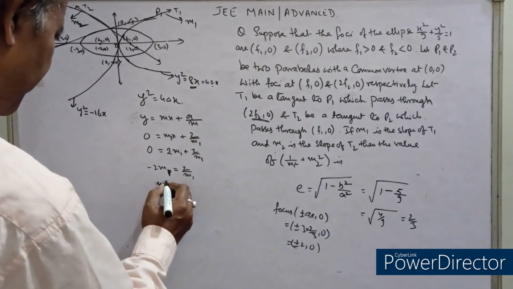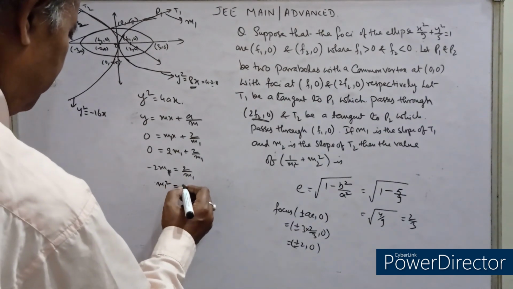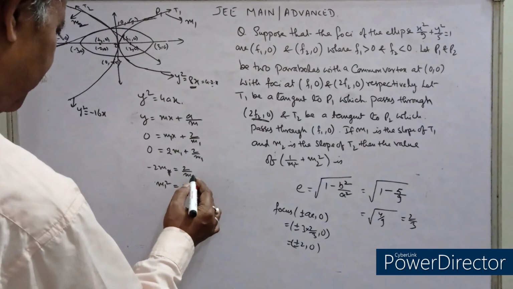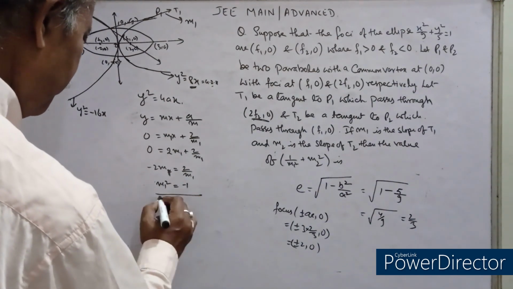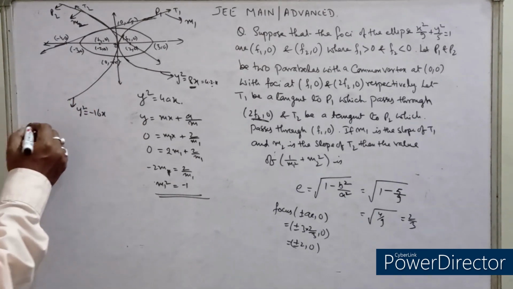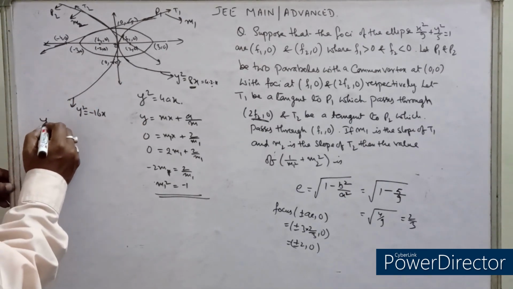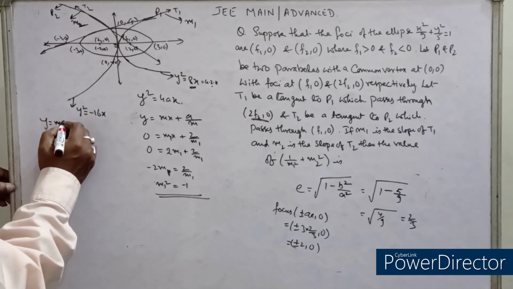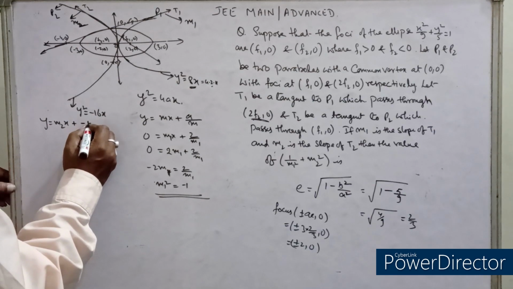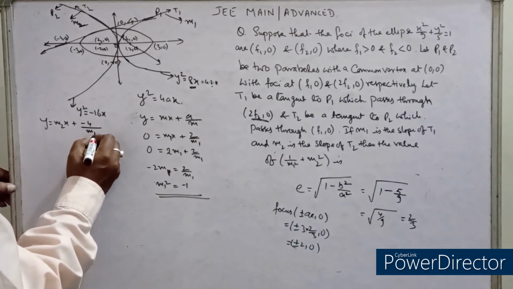So m1 square will be minus 1. Here your 2 cancel out, so your m1 square comes to be minus 1. And for this tangent, again y is equal to m2 x plus a, which is minus 4 by m2.